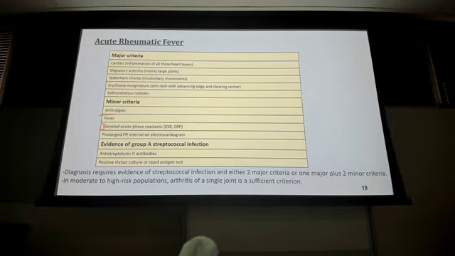So you can imagine, if I just have 1 major criteria, to get to that criteria of 2 minors, it's pretty easy, right? They've got a fever and they have elevated ESR, CRP because they have that acute phase reactant or that inflammatory markers are elevated, right? You may also see a prolonged PR on the EKG, okay?